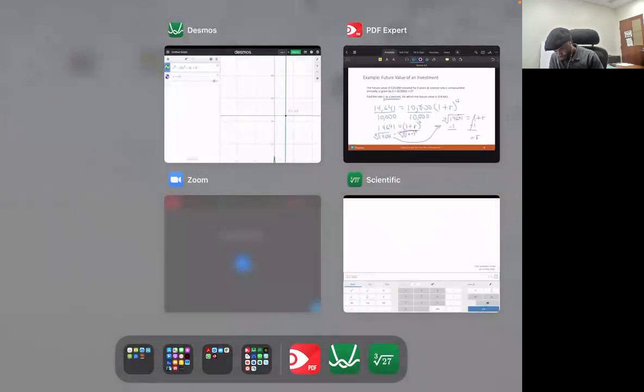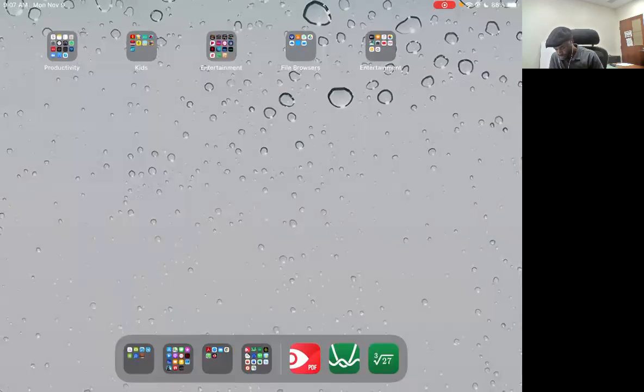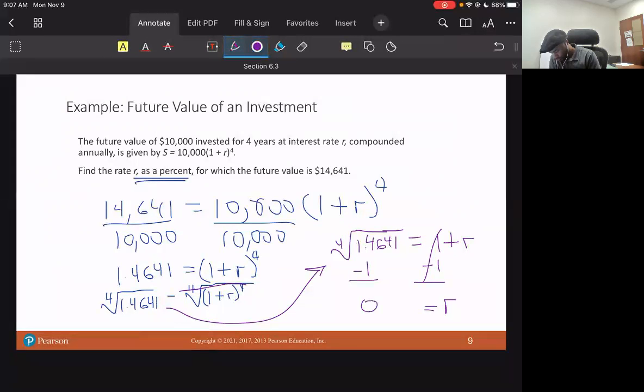All right, and now we're going to subtract 1. Okay, so there's my answer. Now that's a decimal answer. So I look at it and I say 0.1. So R equals 0.1.